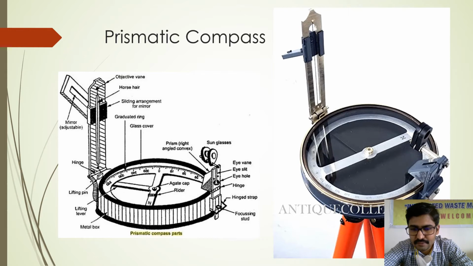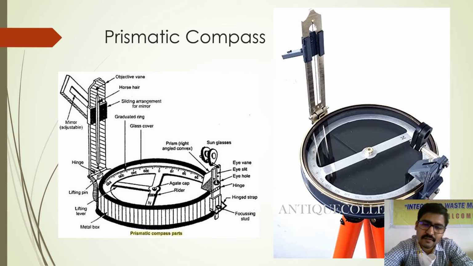It helps you in focusing. At the bottom of the prism there is a focusing stud, which you can push so that the prism goes up, or you can leave it so that the prism comes down. It will always help in lifting the prism up or down, and that will help you to make the readings clear.